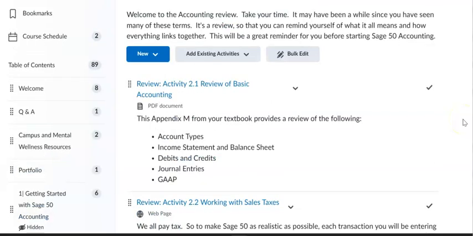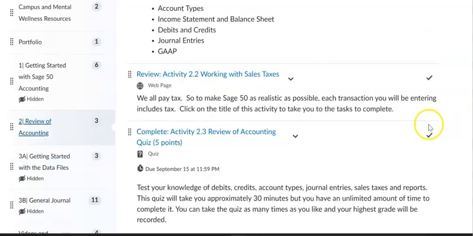And it's really good to do this refresher so you can remember what the income statement is, what balance sheets are, the debits and credits, journal entries, and generally accepted accounting principles, as well as working with sales tax. Computerized accounting 1 and 2, they don't cover sales tax very well, which is a real shame because unfortunately almost every transaction that we even have in our own personal lives involves being charged income tax.